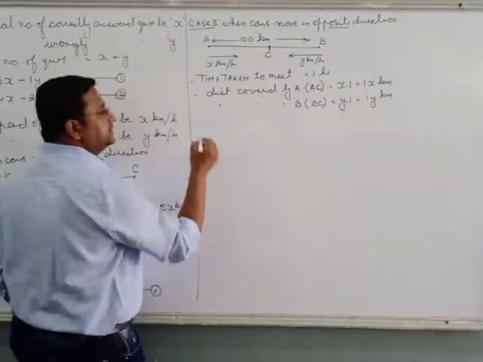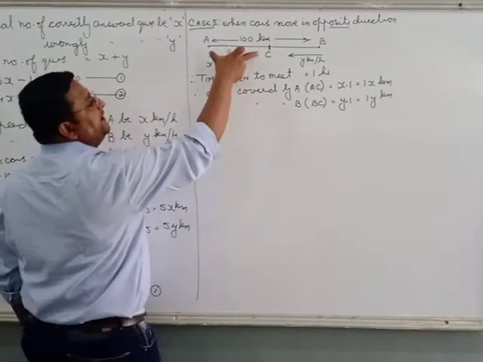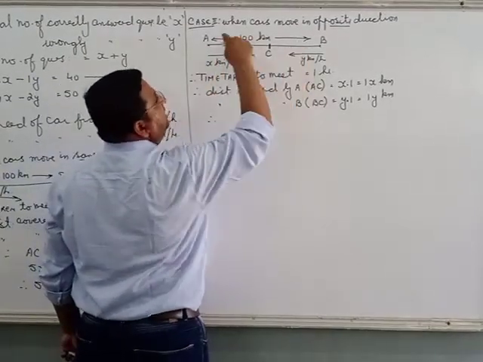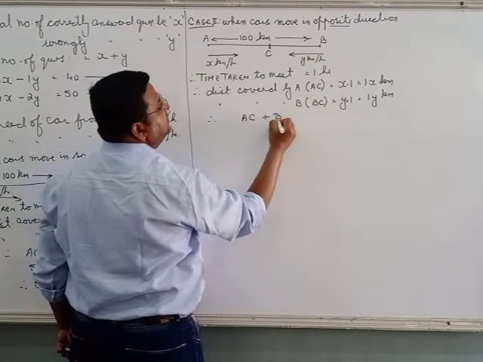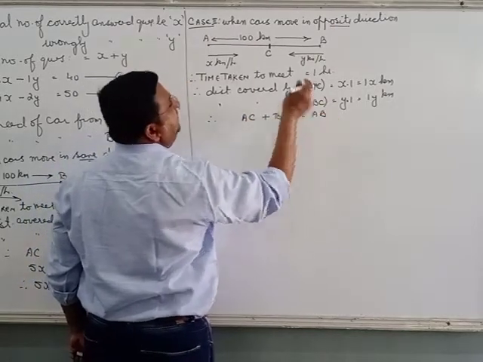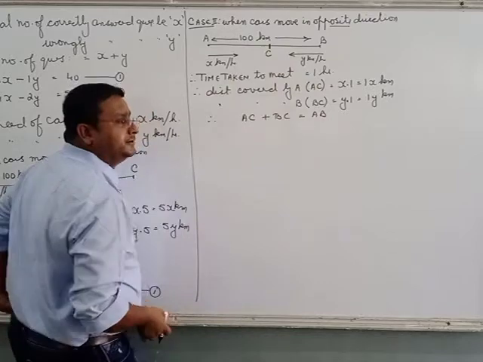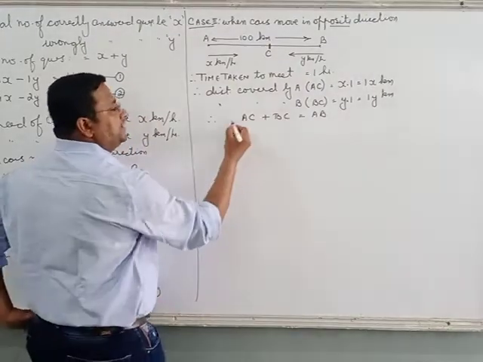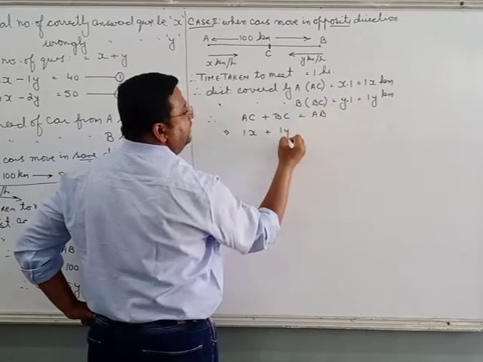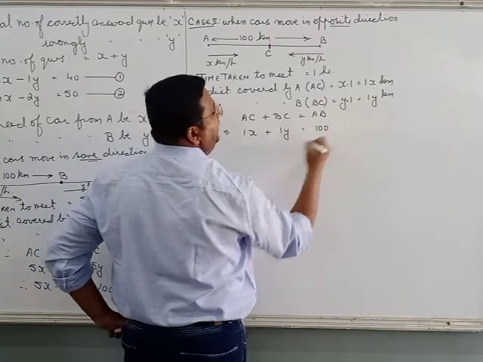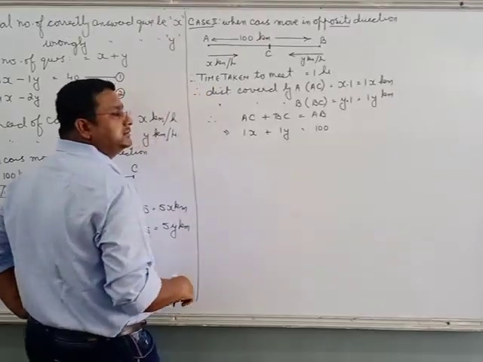Now where is the equation? So you can see over here, AC plus BC, is it equal to AB? AC plus BC is equal to AB. It is right there clearly in the picture. AC 1x plus BC 1y is equal to AB 100 kilometers.